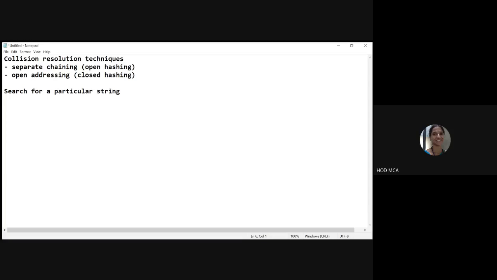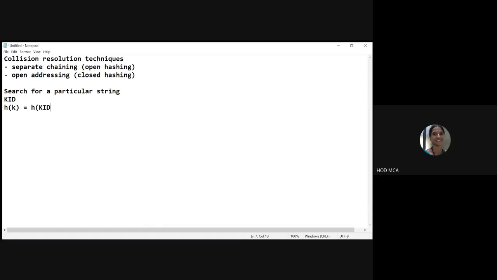Now in what we had seen so far, if you want to search for the string "kid", how do you search? I want to check whether the hash table has this particular string kid or not. First I will calculate h of k, that is, h of kid.